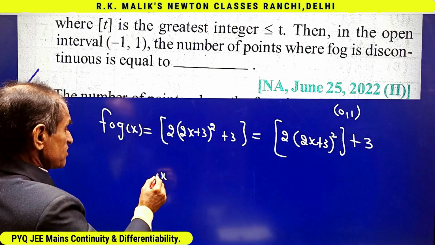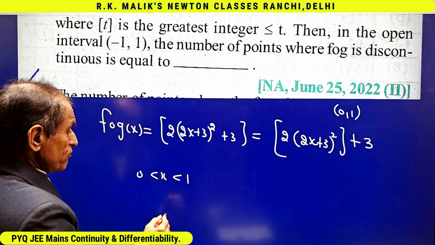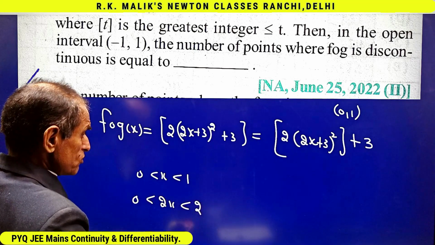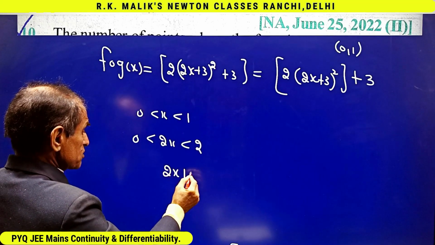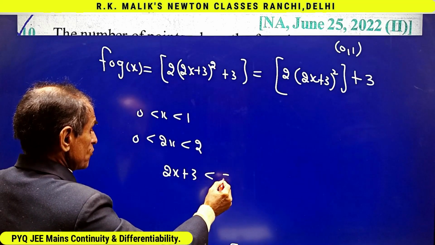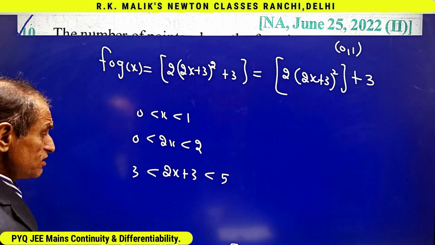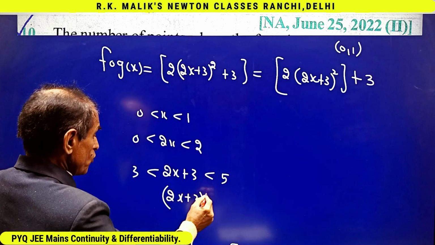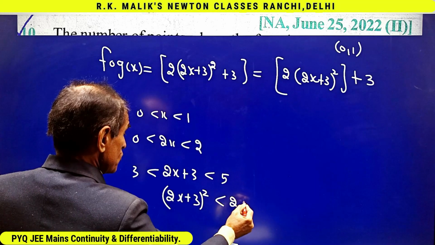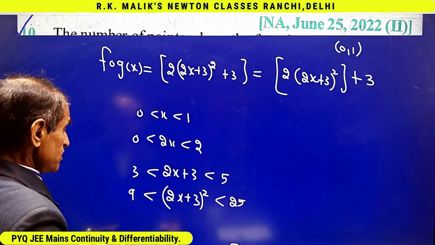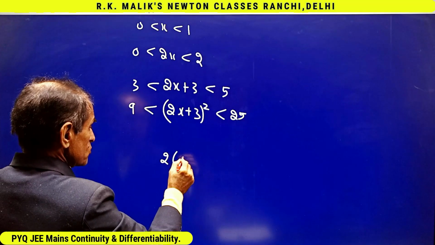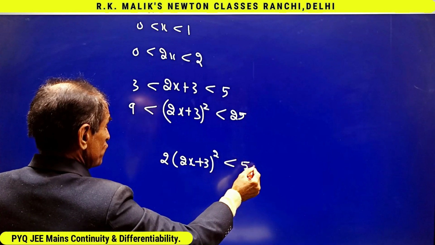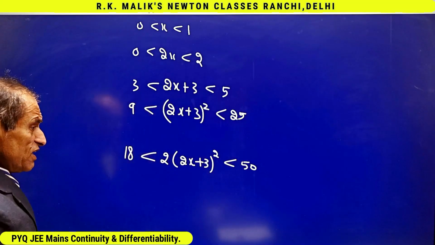Now, if x lies between 0 and 1, 2x will lie between 0 and 2, 2x+3 will lie between 3 and 5, (2x+3)² will lie between 9 and 25, and 2(2x+3)² will lie between 18 and 50.